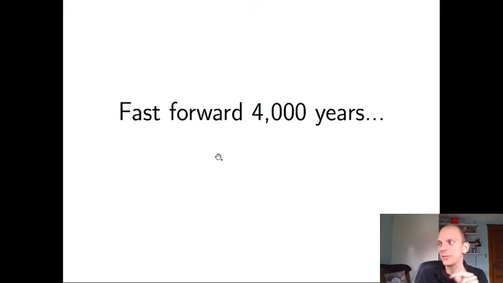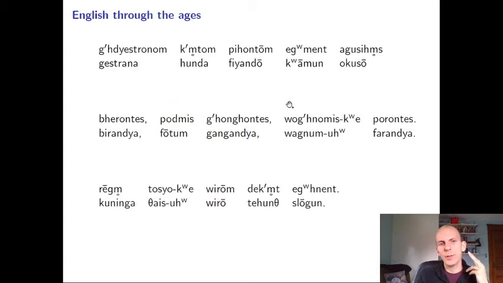Okay, so let's fast forward a smooth 4,000 years, no big deal, right? And we'll see how it's changed over 4,000 years. So now that first line, the original, the OG, is on top, and this second line is 4,000 years later.